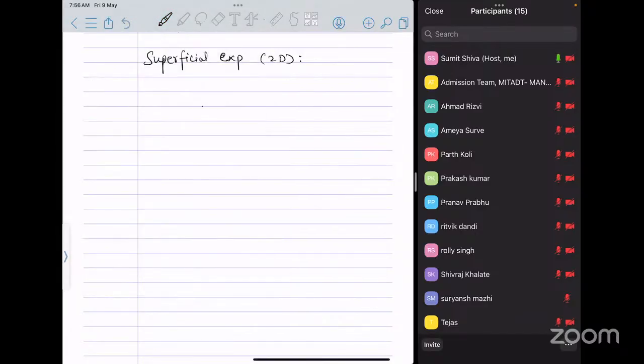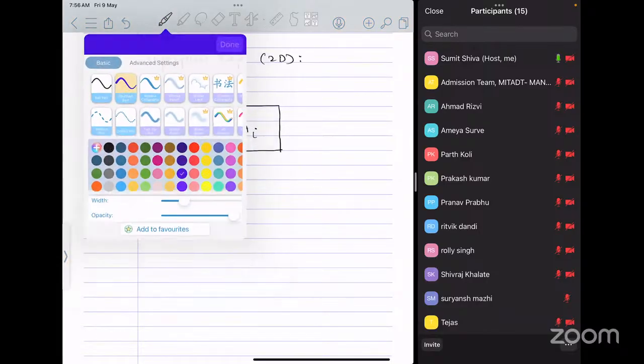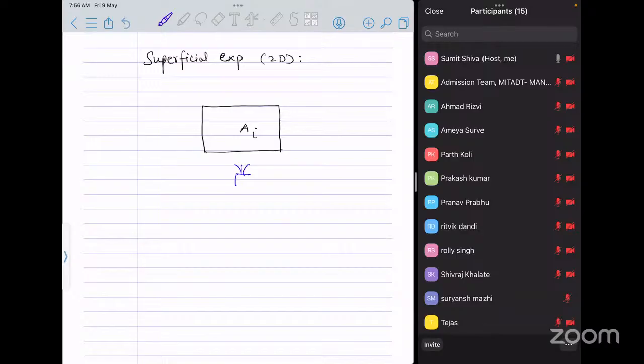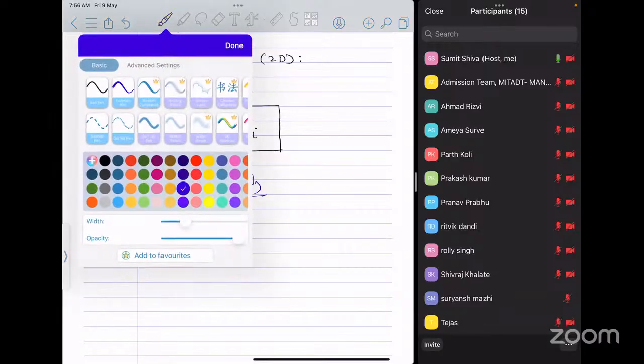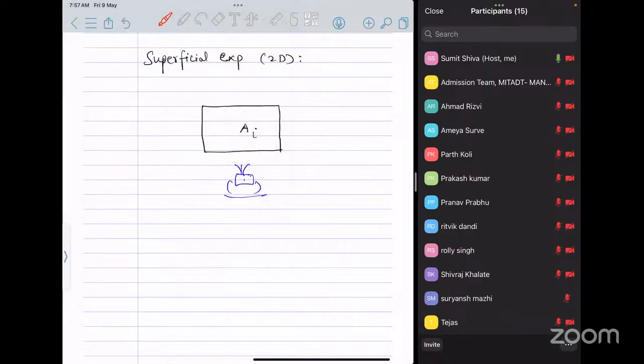Let's say I have a plate in square or rectangular form which has a certain area A initial, and then we heat it. On heating, all the dimensions will change, whether they are along the x-axis or along the y-axis. They will expand. So the new arrangement will be something like this.